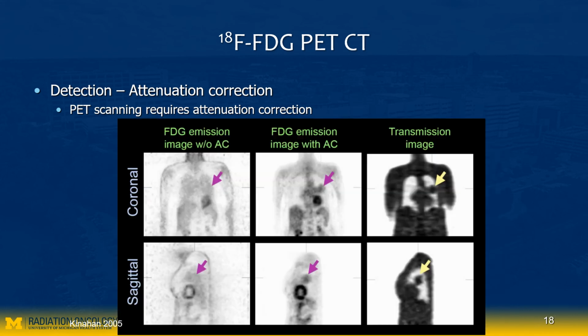Okay, so with a PET scanner you can usually view the image without AC, where AC stands for attenuation correction. There's nothing in the lung, or you don't see anything, but with appropriate attenuation correction, you can say that the signal from inside the lung is actually, there's less tissue in the lung, so you have to give more weight, right?